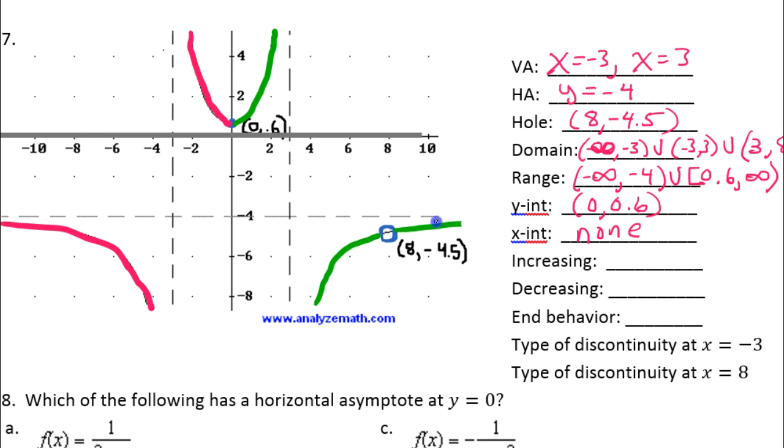So 0 to 3. That's increasing. Then union. Now see this piece right here? Just this piece, okay, right up to the hole. So on the x-axis, this piece goes from the asymptote to the hole. So that's 3 to 8. Okay, and then there's one more piece that on the x-axis goes from 8 to infinity.